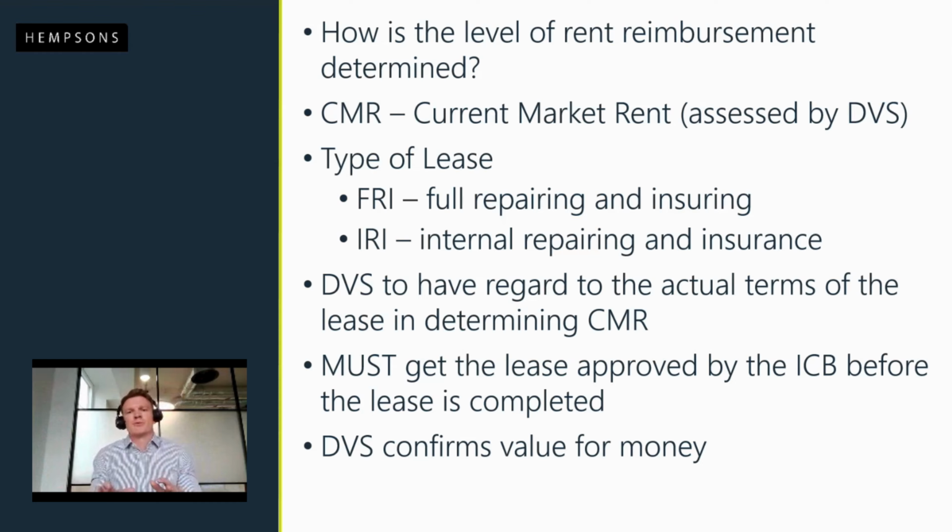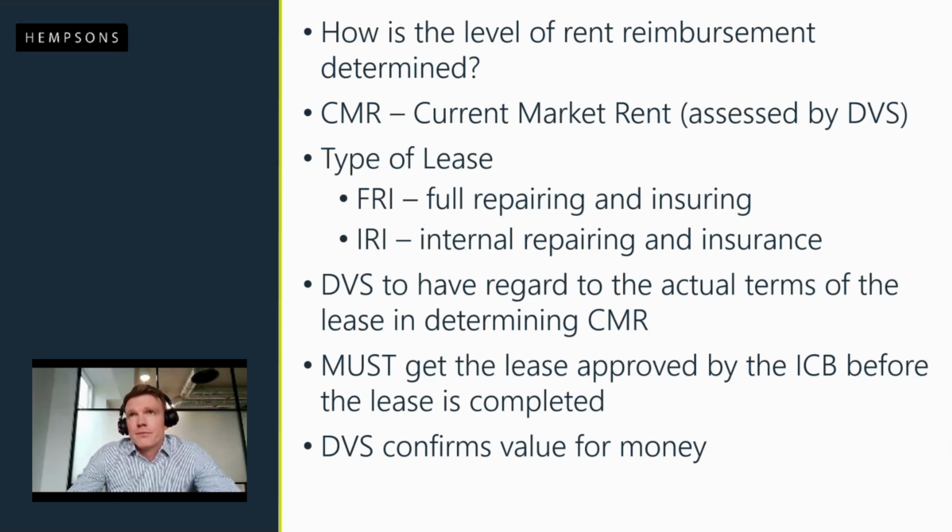Just in terms of that principle, to use a crude example, if you were to provisionally agree terms for a lease with a landlord with an annual rent of, say, £30,000 per year, the ICB does not simply reimburse that figure. Instead, the ICB will be advised by the district valuers what they consider to be the current market rent, CMR.